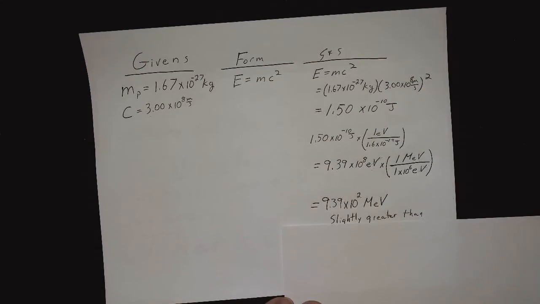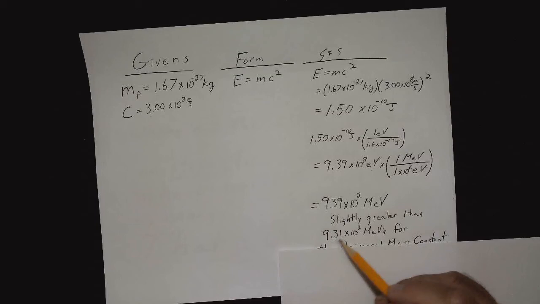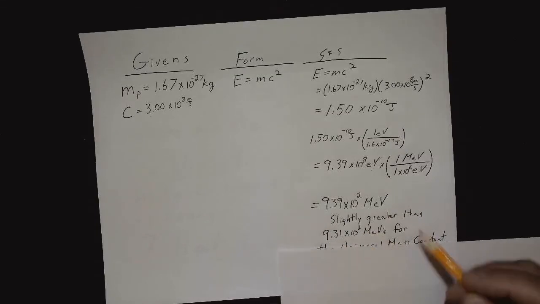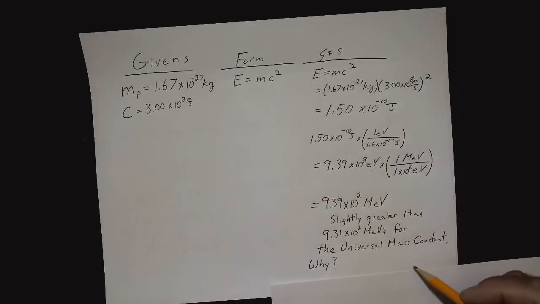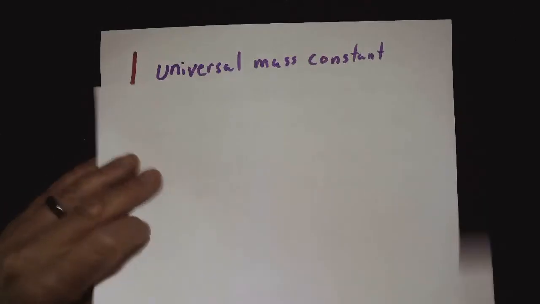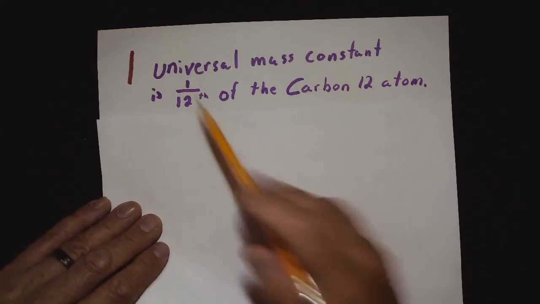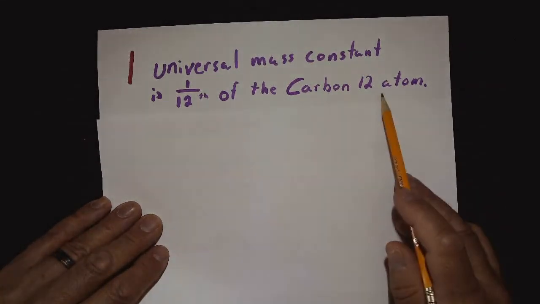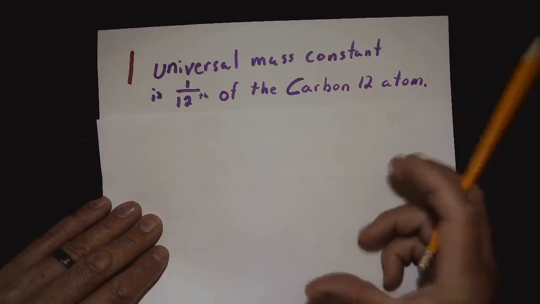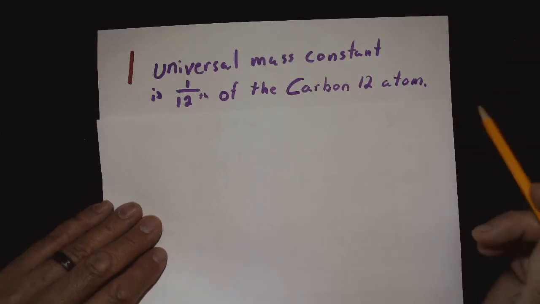Okay, so we see that a proton is slightly greater than the 9.31 times 10 to the 2 MeV for the universal mass constant. You can ask the question, why is that so? One universal mass constant is 1/12 of the carbon-12 atom. So you take the mass of the carbon-12 atom and just divide it by 12. Okay?